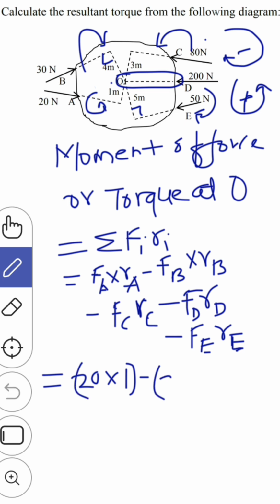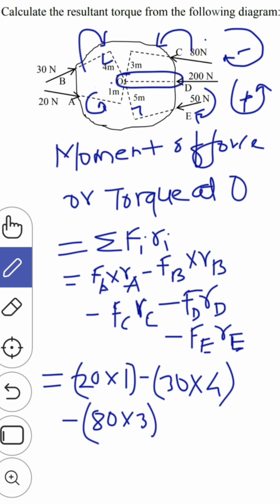FB is 30 multiplied by the distance, 4. So 4 minus FC. How much is FC? 80 multiplied by the distance of FC from point O, that is 3.